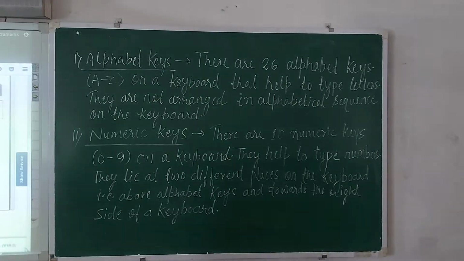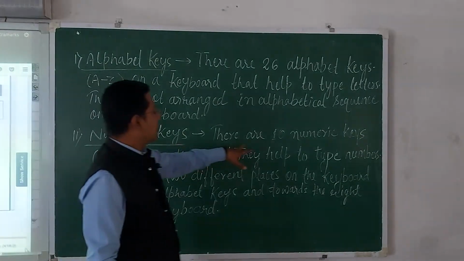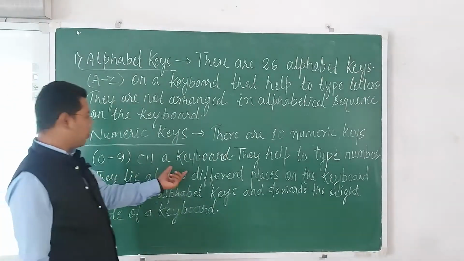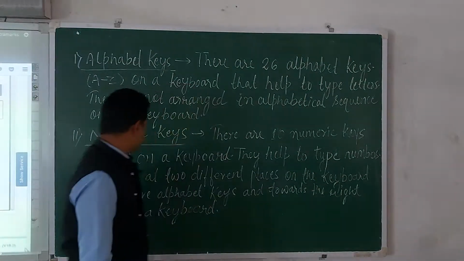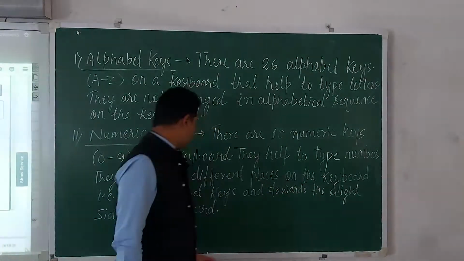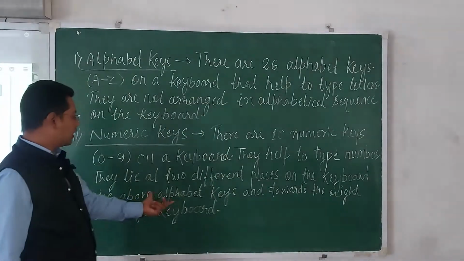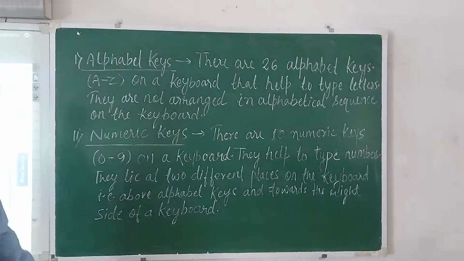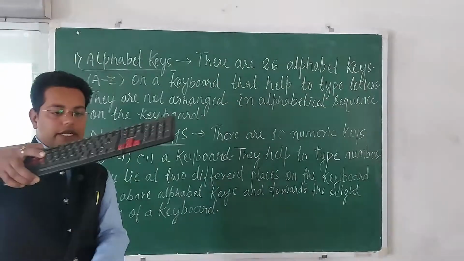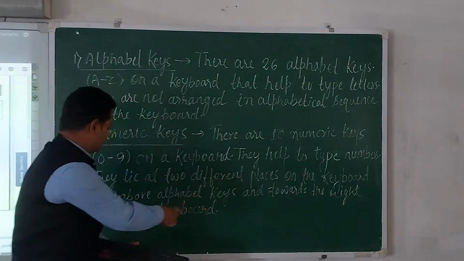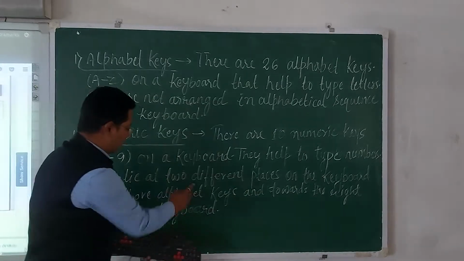Okay, so these are called alphabet keys. The next one is numeric keys. There are 10 numeric keys, that is 0 to 9 on a keyboard. They help to type numbers. They lie at two different places on the keyboard, that is above the alphabet keys and towards the right side of a keyboard. You can see here, dear children, see, according to the statement, two different places. The first, that is above alphabet keys.